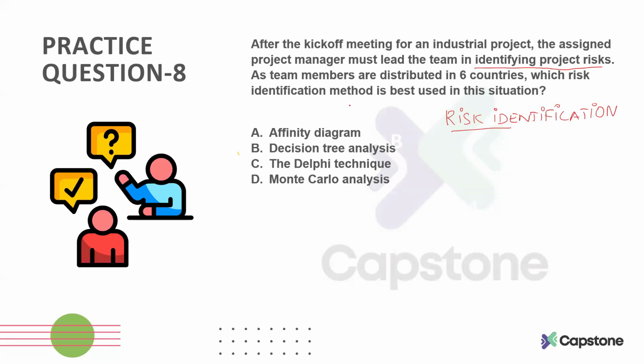Which risk identification method is best to use in this situation, where you have team members distributed across 6 different countries?